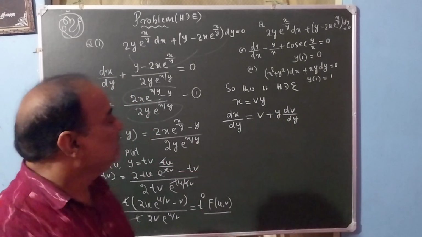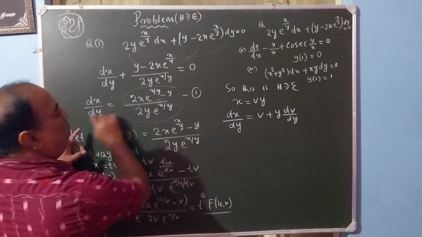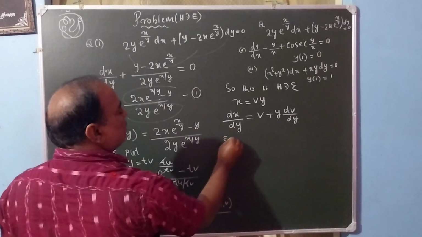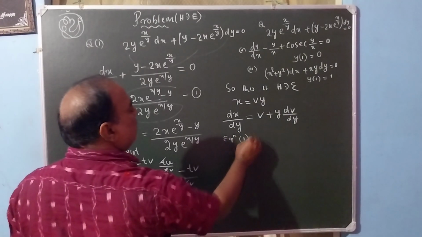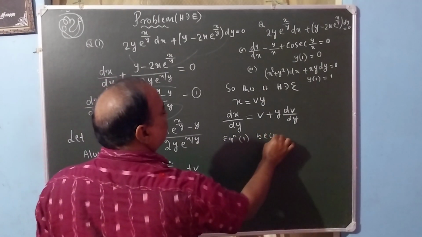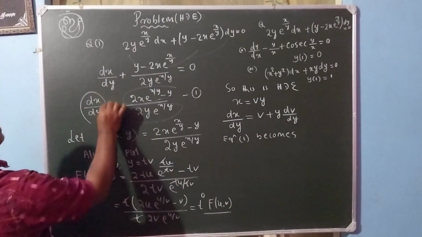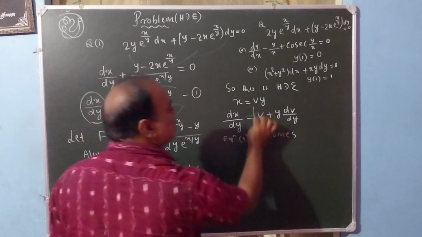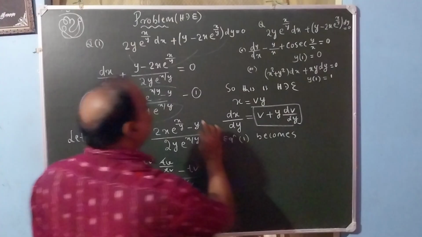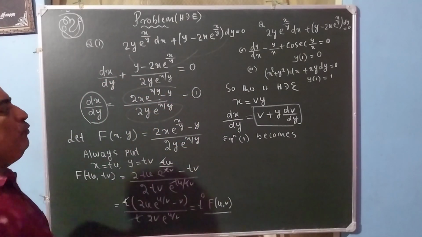So equation 1 becomes: in place of dx by dy we put this, and in place of x we put vy.